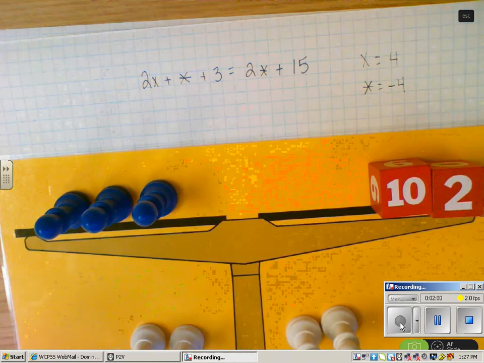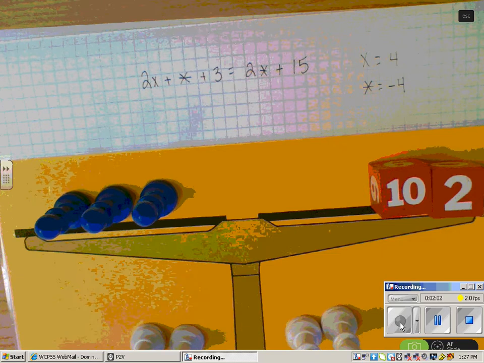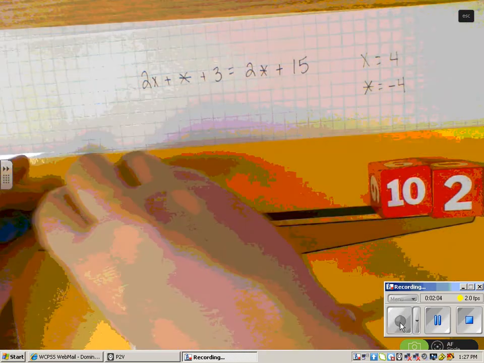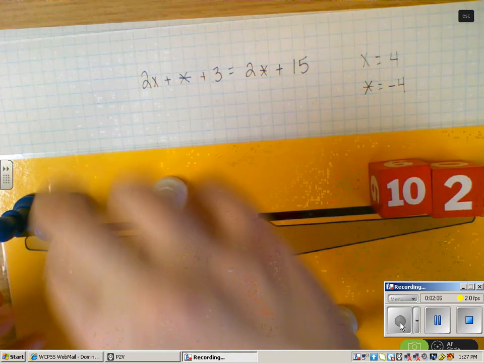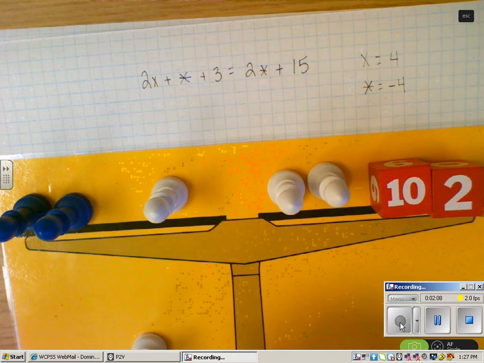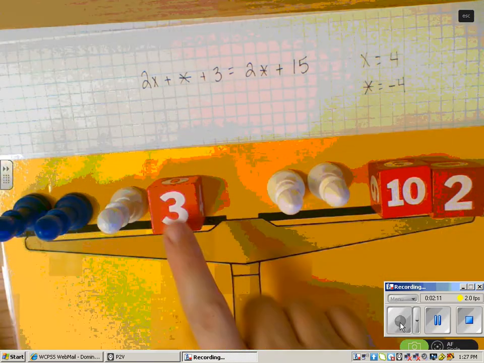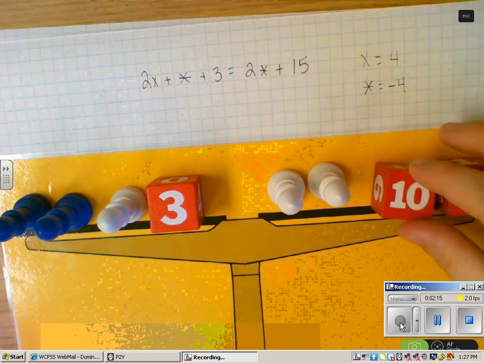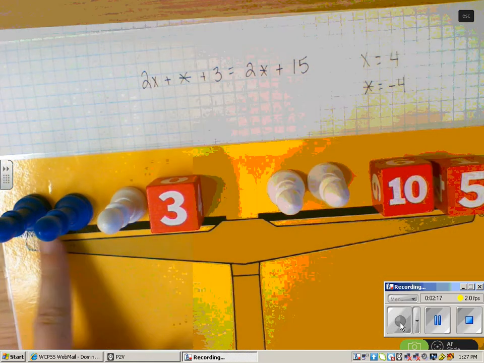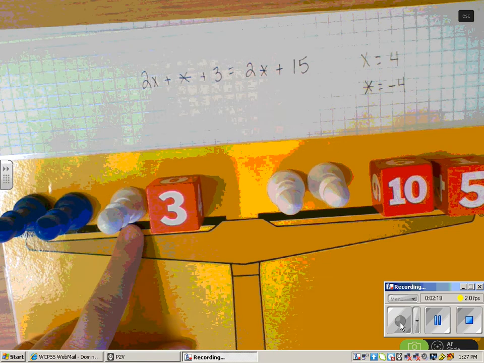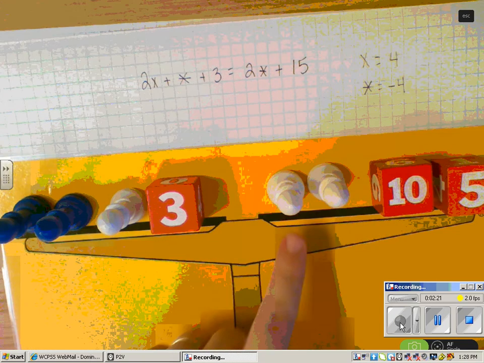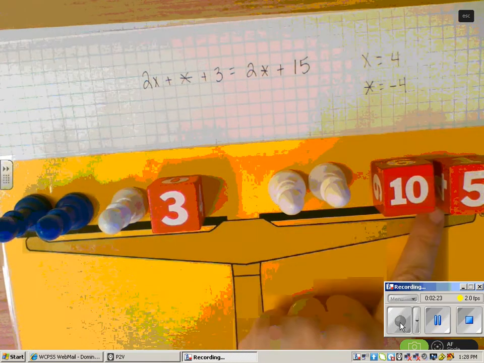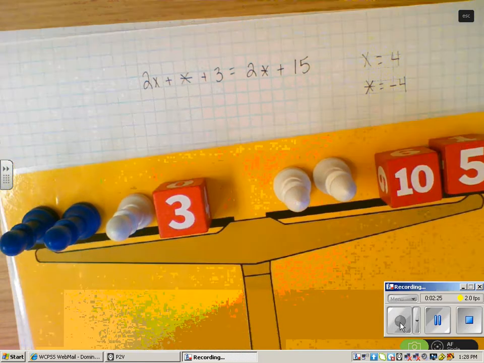And we would plug that back in. So we put everything back up on our equation the way it was originally. Put our number cube back up. I added 3, so I'll add 3 to this side. So now once again I have 2x plus star plus 3 equals 2 star plus 15, and I can plug in my numbers.